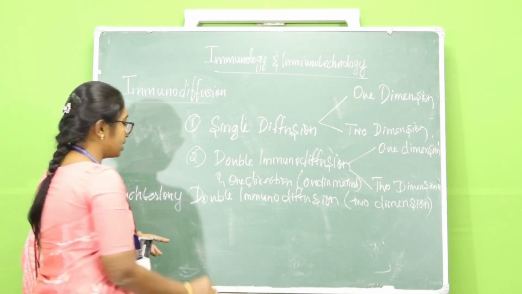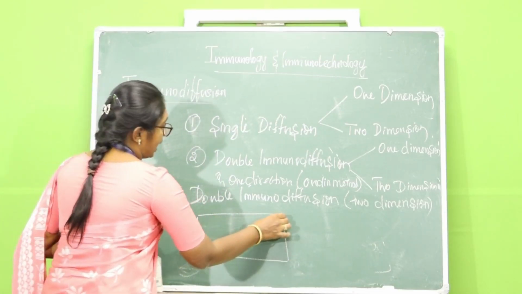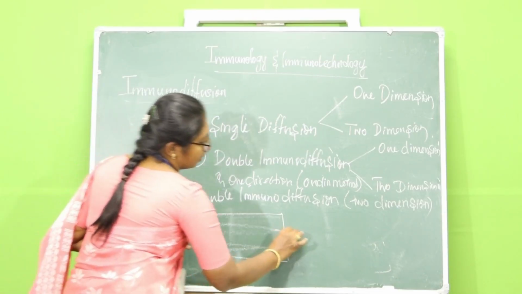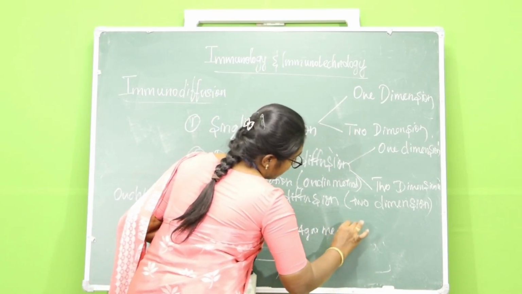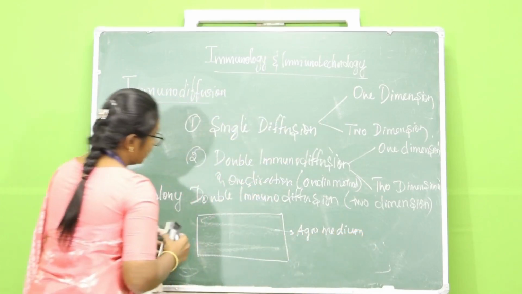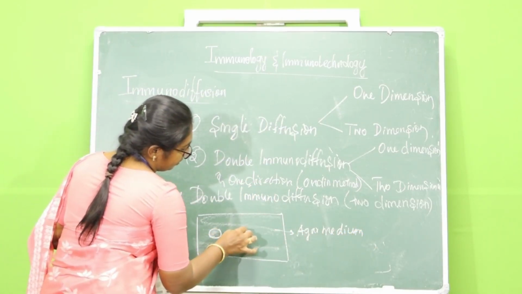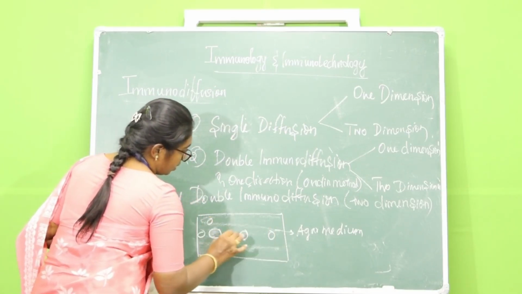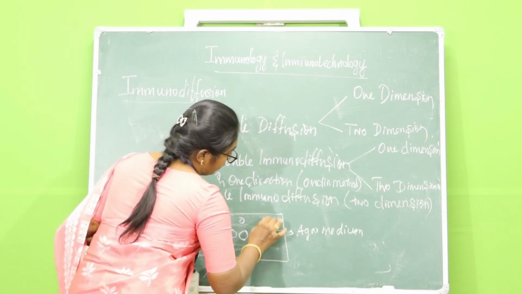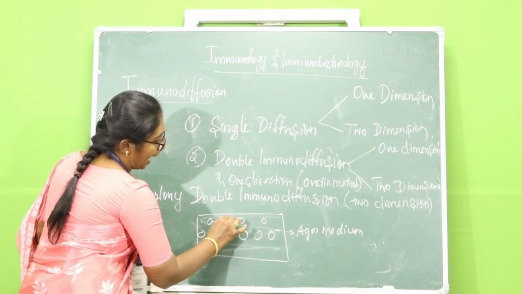What will happen in this method? In the plate, we add an agar medium. In that, we create wells. In one well, we add antibody.